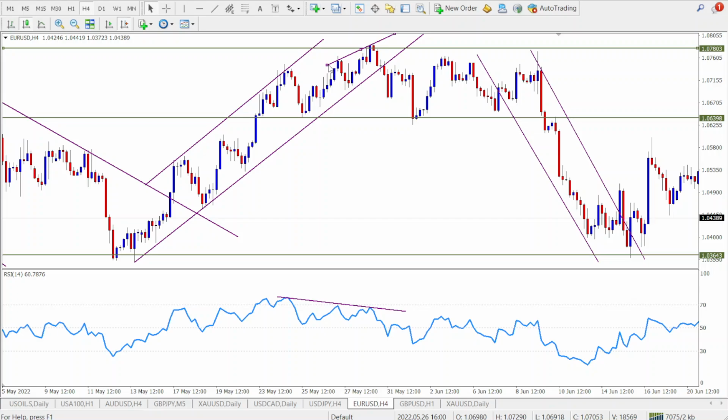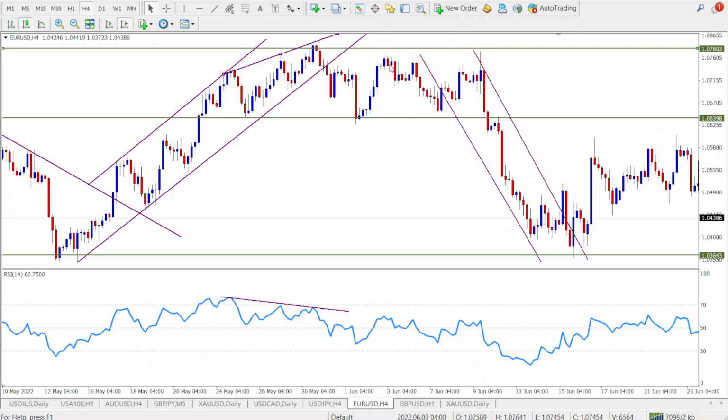You can see it was higher highs and this was lower highs. In such a situation, it shows weakening momentum and a possible reversal. And you can see shortly afterwards we had a reversal to the downside.